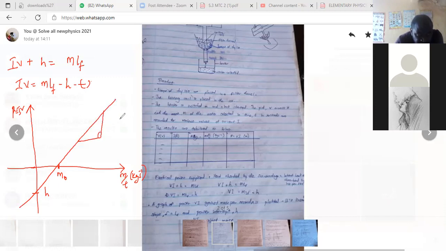And this being the slope, S is equal to change in IV over change in mass, which is equal to latent heat of fusion. Where M0 is the mass of ice that would melt if the heater was off. So if there was no power, M0 is the mass of ice initially, if the heater is off.